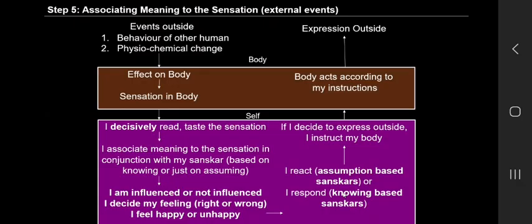If there is a reaction in my sanskar, then each word I will take as an attack on myself. If my sanskar are based on knowing, then with the help of each word, I will try to understand the other's state of being.